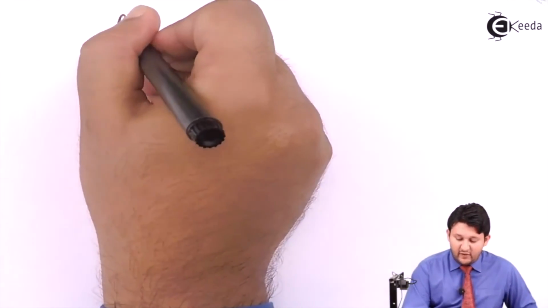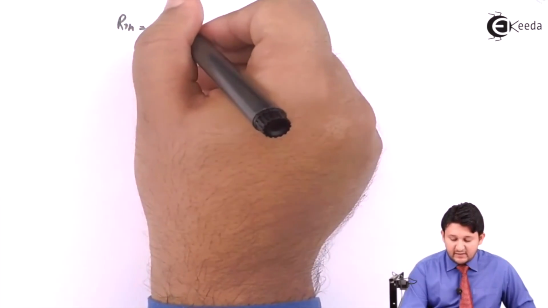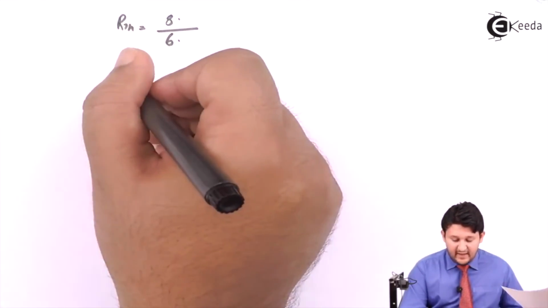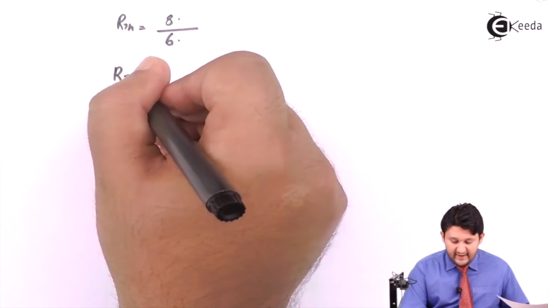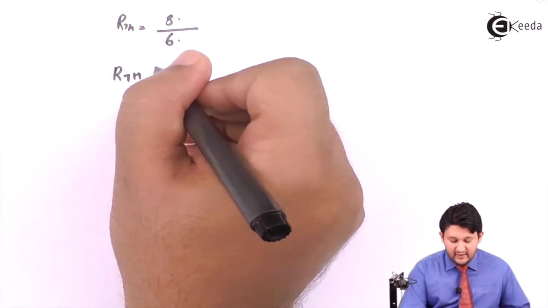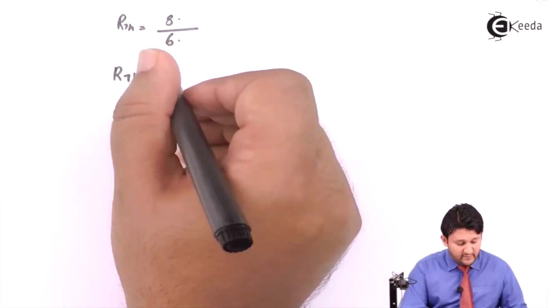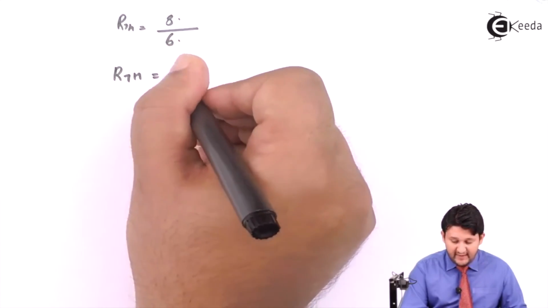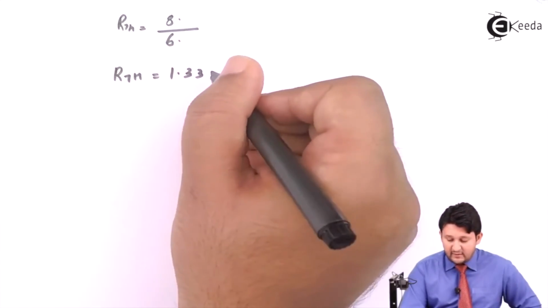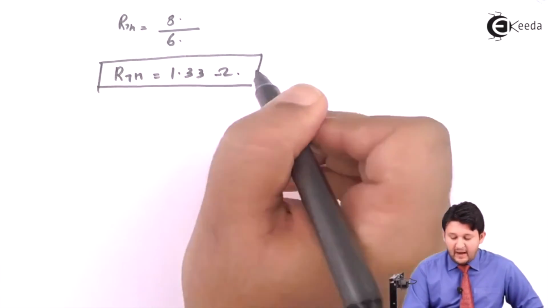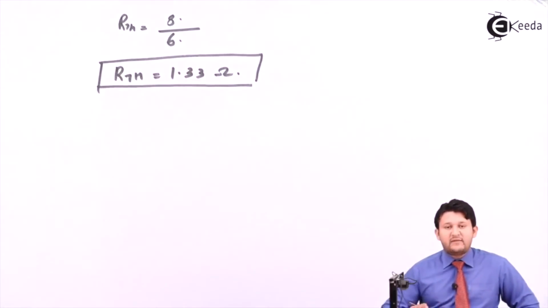When you put the values, you got VTH as 8 and ISC in this condition as 6, and if you divide, you will be getting the value for RTH. The value which you will be getting after putting it in the calculator will be 1.33 ohms. That will be your RTH value. After getting the RTH value, put it in the equivalent circuit.